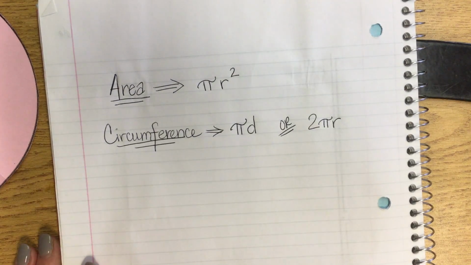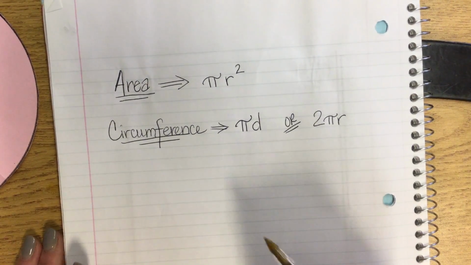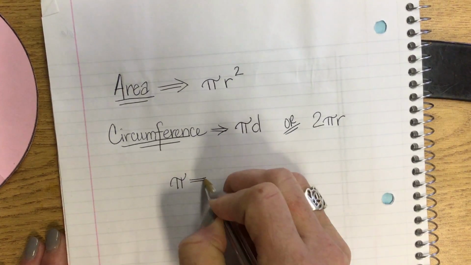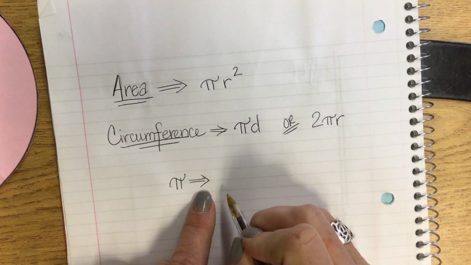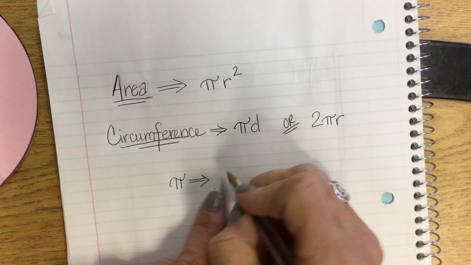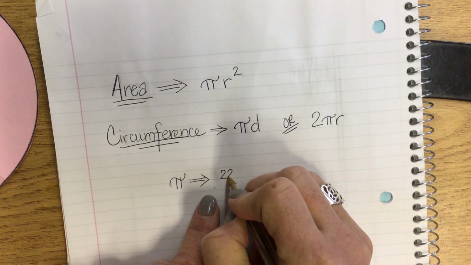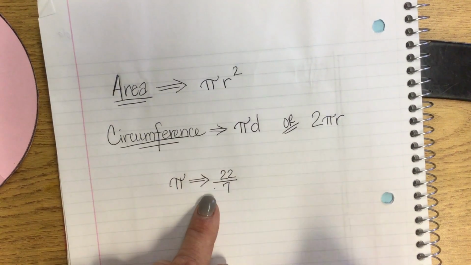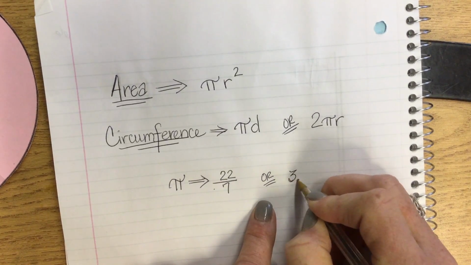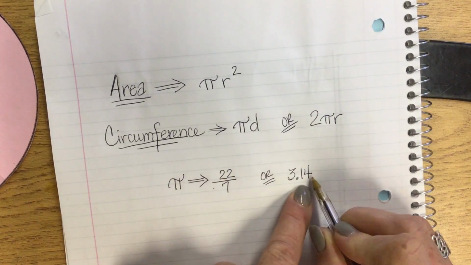Now, the last thing: what is pi? We're going to discover tomorrow what the value of pi is, but it can be a fraction, which is 22 sevenths, or 3 and 14 hundredths.